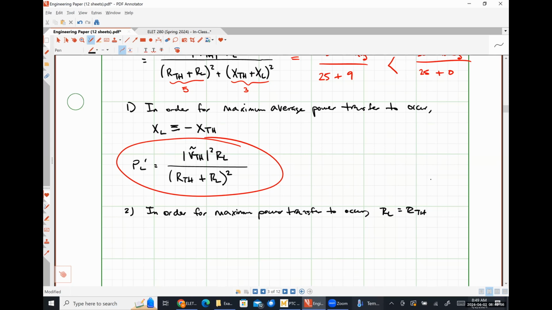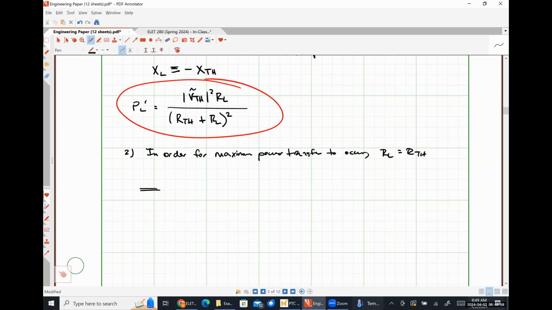So if we put these two parts together, we can see that maximum average power transfer occurs when our load impedance ZL is equal to RTH minus jXTH.